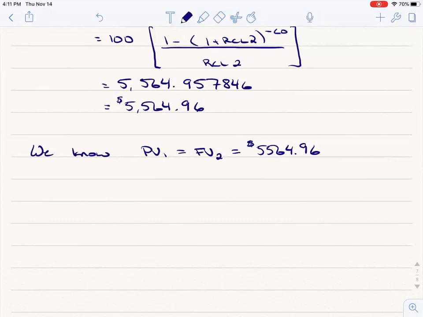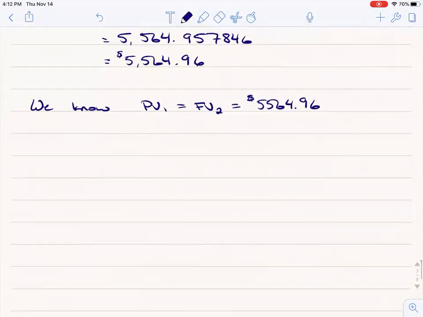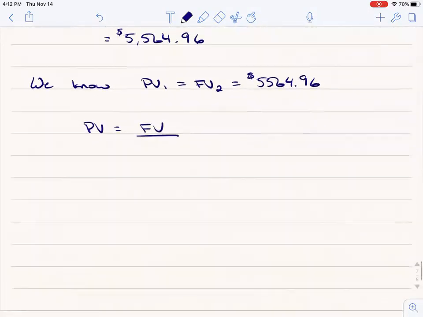All right. So we know the future value now has to be $5,564.96. And so now we can use that to solve for the present value. Switching back to our compound interest, the present value is the future value over (1 plus I) to the power of n.